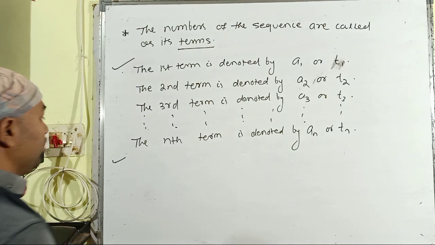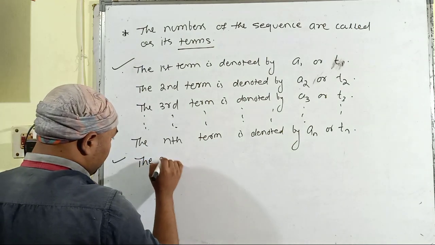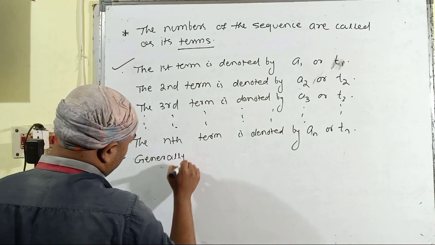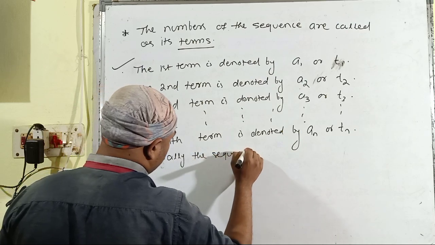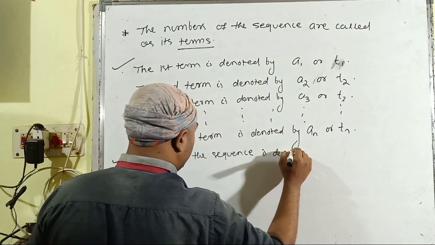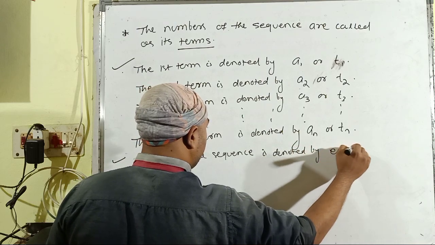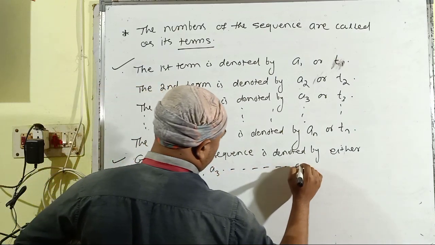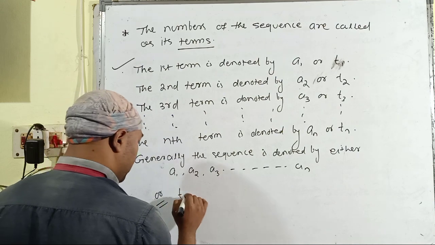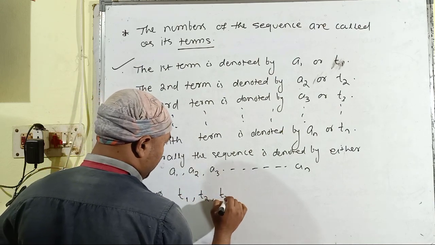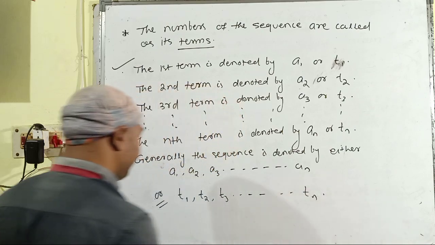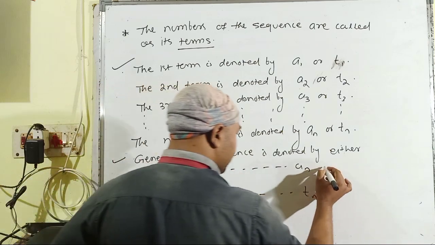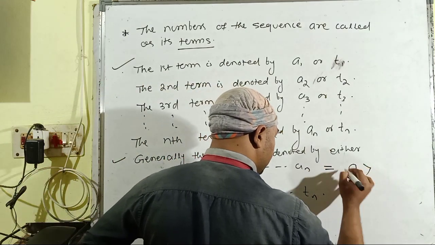The sequence can be denoted by, generally the sequence is denoted by, either A1, A2, A3, An or T1, T2, T3, Tn.